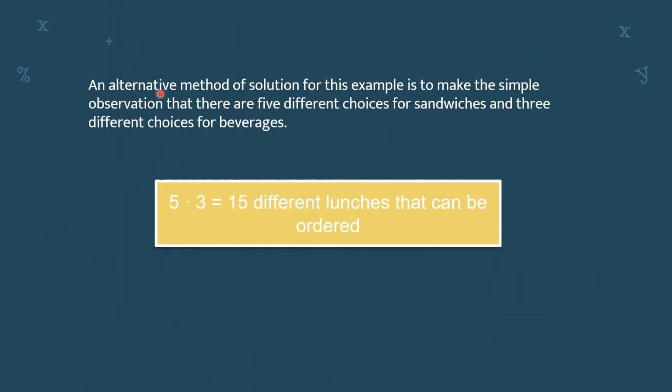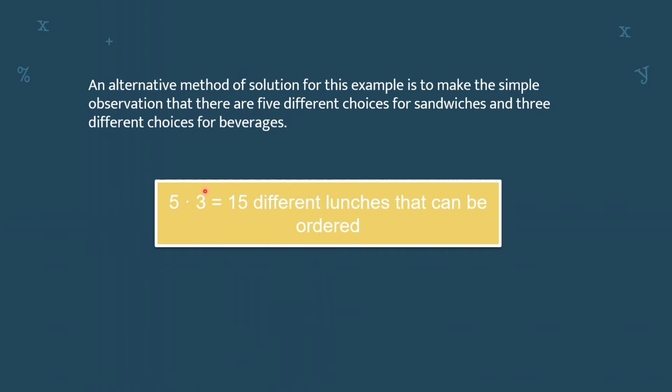Another alternative method to solve the problem is by observing. We have 5 different choices of sandwiches and 3 different choices for beverages. To find the number of lunches that can be ordered, we can simply list the numbers: 5 different choices of sandwiches, and the 3 different choices of beverages.